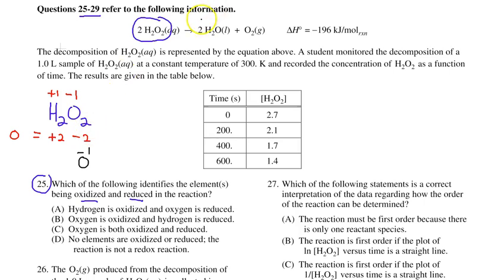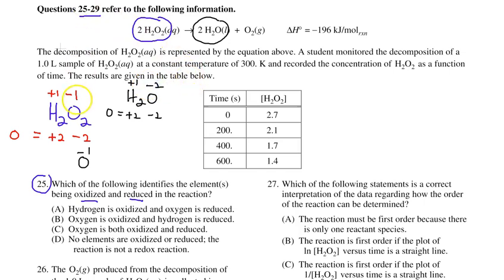Now, what happens in water? If I look at water, H2O, do the same thing. H is my +1, +2 overall, and the whole thing has to equal 0. So the oxygen has to be -2 overall. There's only one oxygen, so each oxygen is -2.